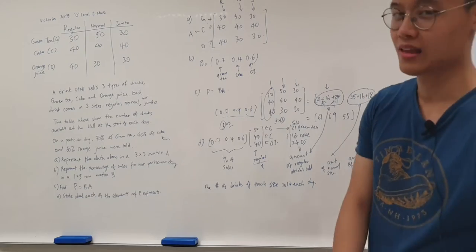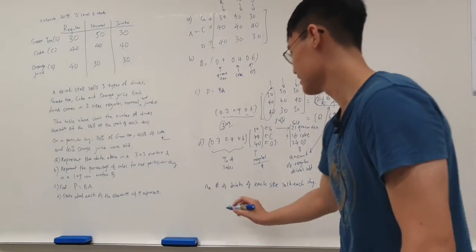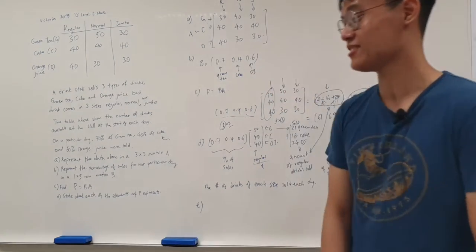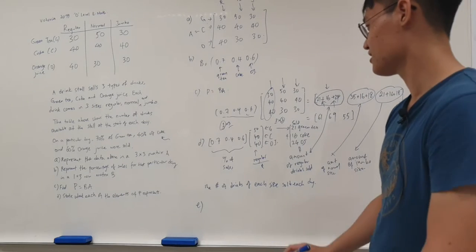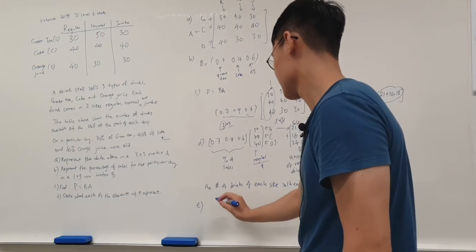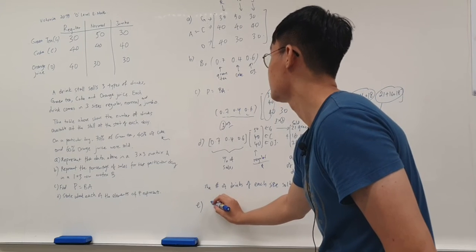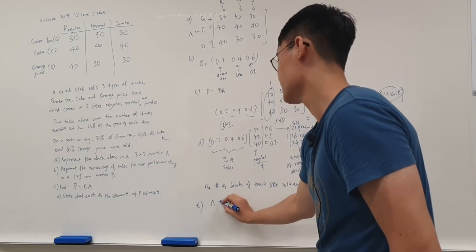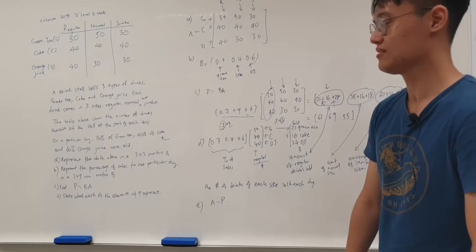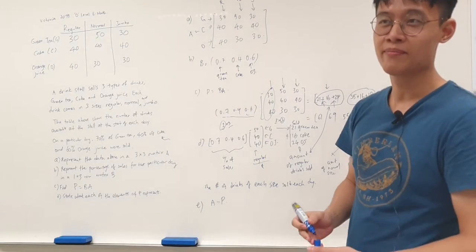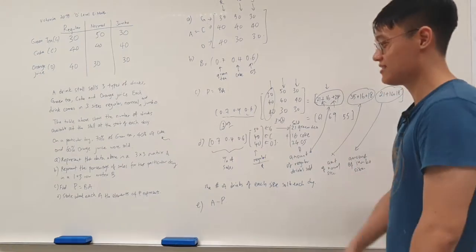Okay? As an extension, part E, extension, E for extension. What is A minus P? What does A minus P represent? You can think about it.